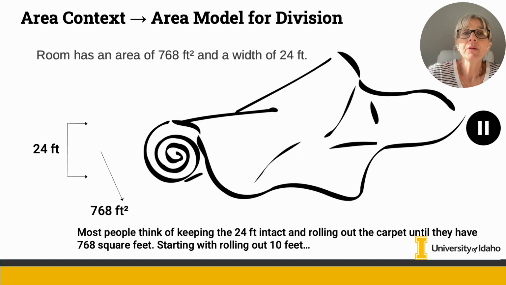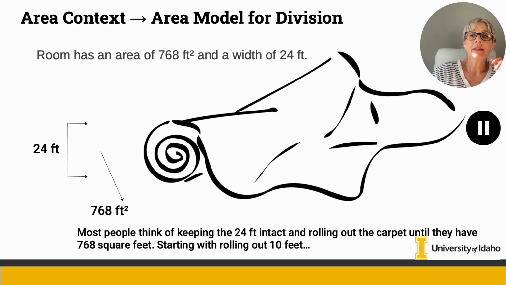Although teachers love the area model for multiplication, we tend not to use it for division unless given a context about area. That said, I've talked to a number of teachers who say this model helped their students connect multiplication and division together visually. If we have a roll of carpet that's 768 square feet, and we know the width is 24 feet, we can find the length of it, starting with rolling out 10 feet, and then another 10 feet, and continuing on.